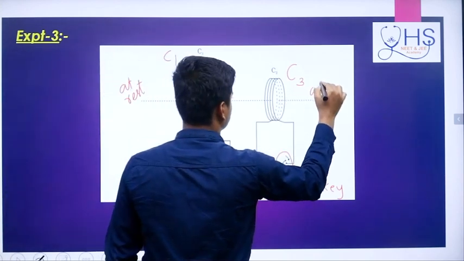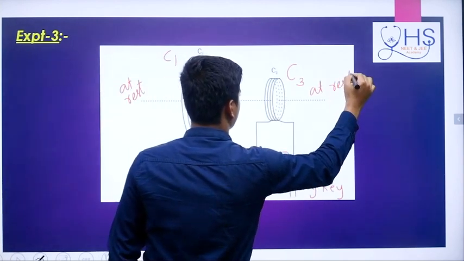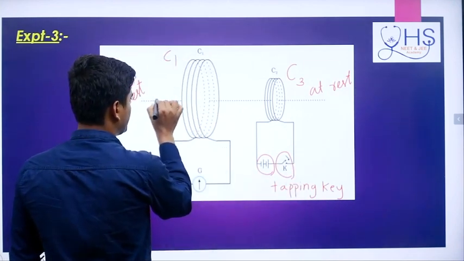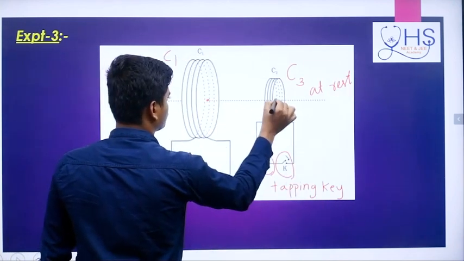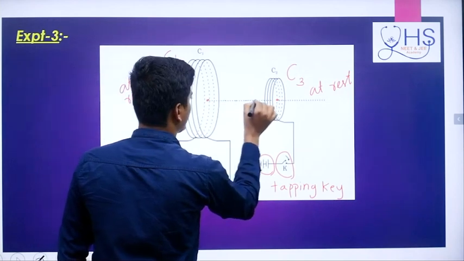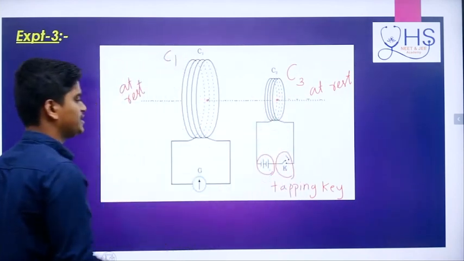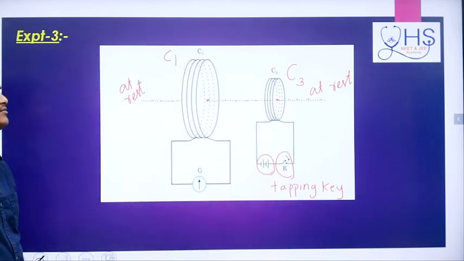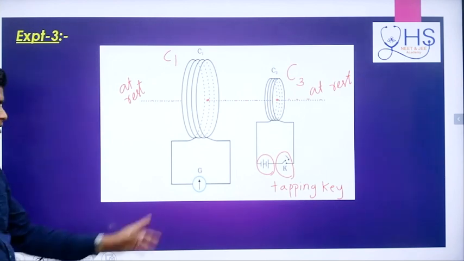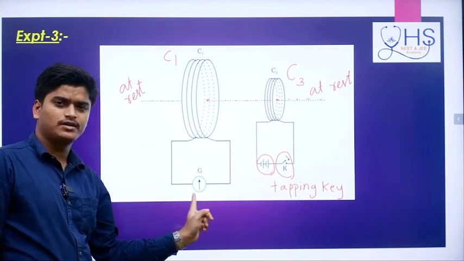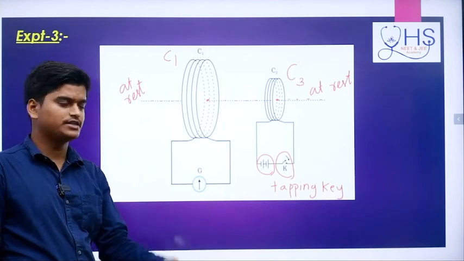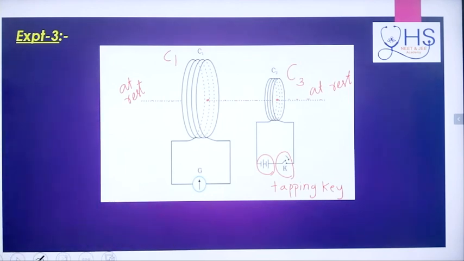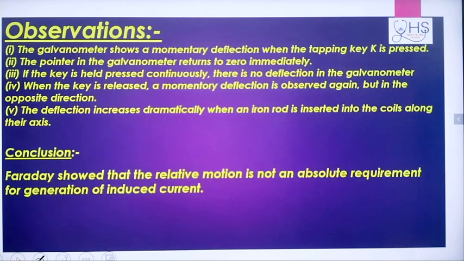But what is the arrangement? Both centers lie on some common axis, like this arrangement, so it is a coaxial arrangement. Remember, here no battery is connected to the other coil, only a galvanometer, just to see whether current is there or not. So here the tapping key is there. Now what observation did we make?